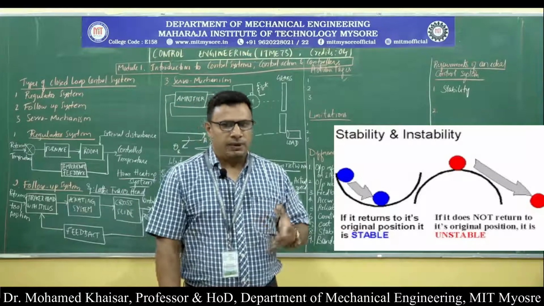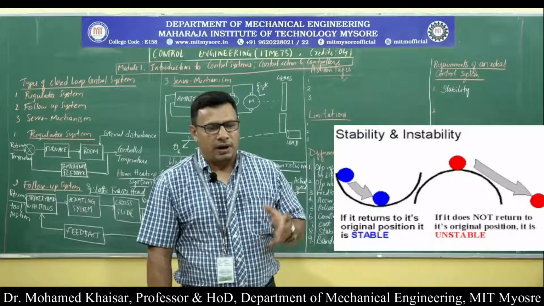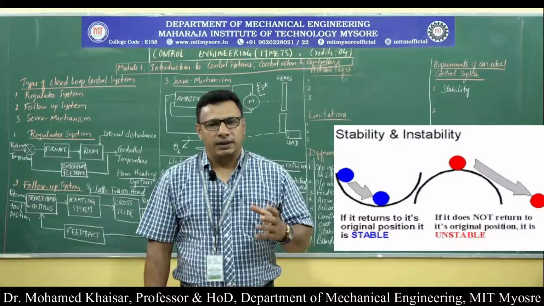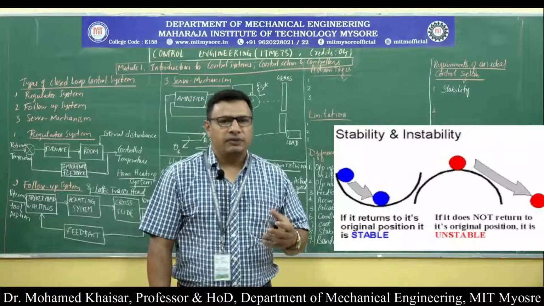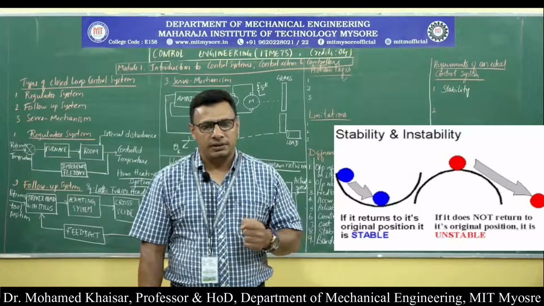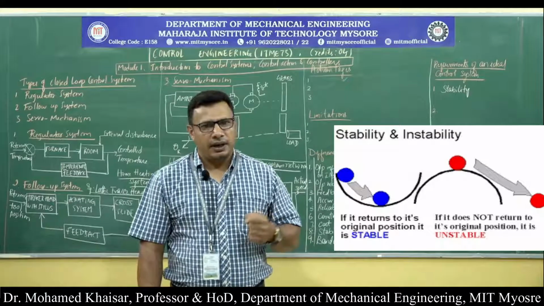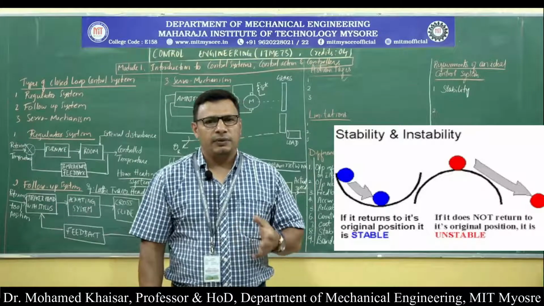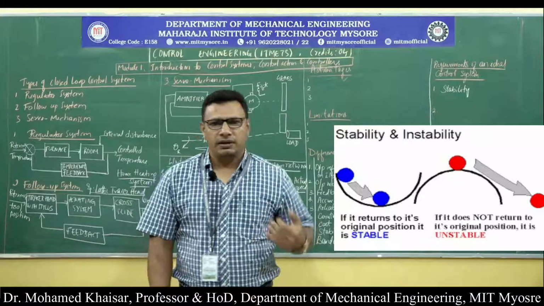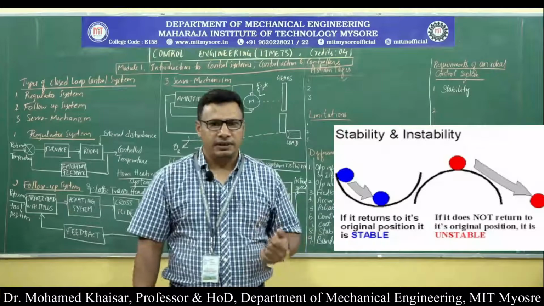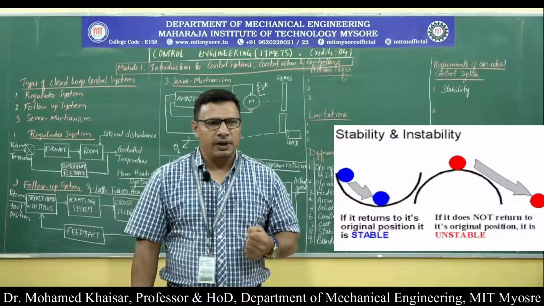It means, if suppose I drive the vehicle at 60 kilometers per hour, then every time I ride or drive the vehicle, it must be around 60 kilometers per hour, or just 10% here and there. That is addressed as a stable system.